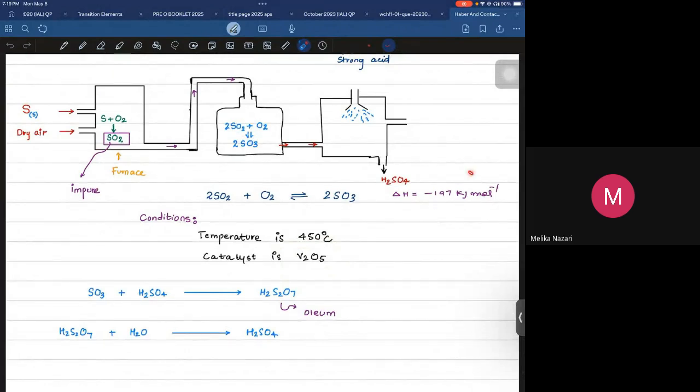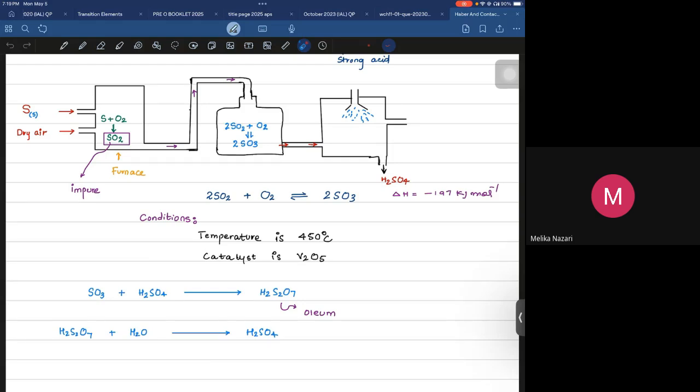And again, this is an exothermic reaction. So basically, both are exothermic reactions, whether we have the Haber process or the contact process.